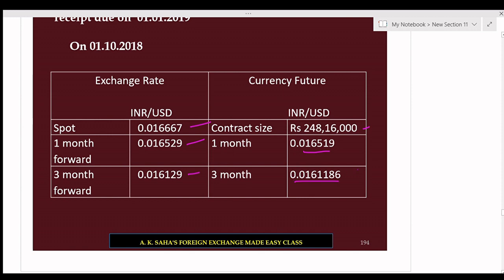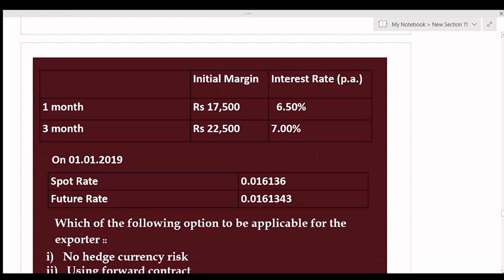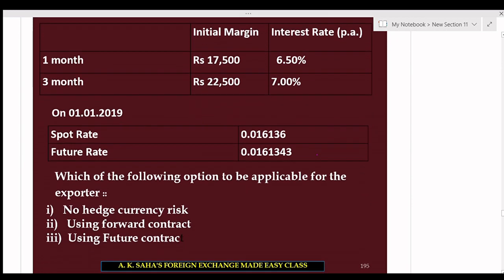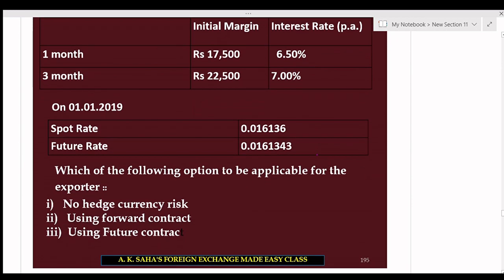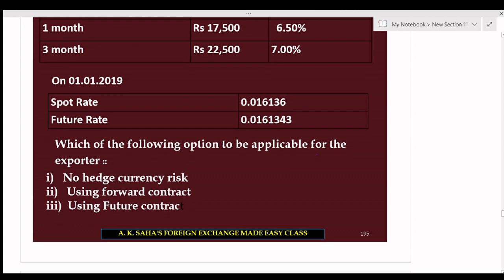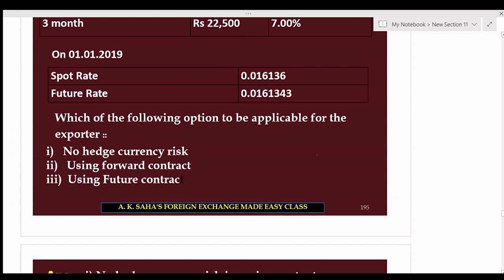This is relevant. Initial margin is also the same, and spot rate on the expiry date and future rate on expiry date are given. And the problem to solve: no hedge of currency risks, using forward contract and using future contract.